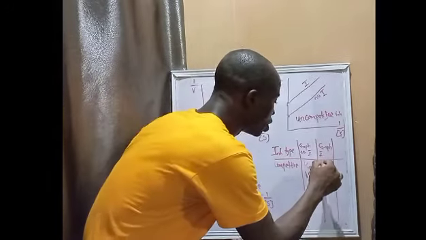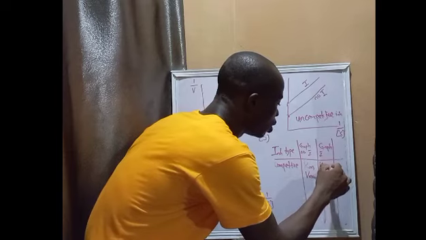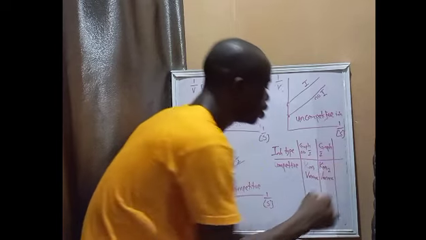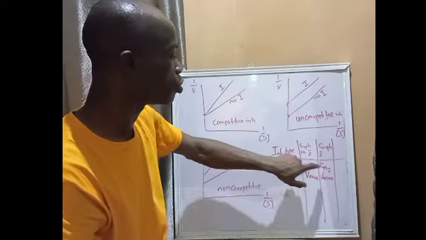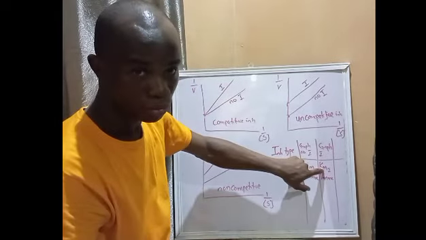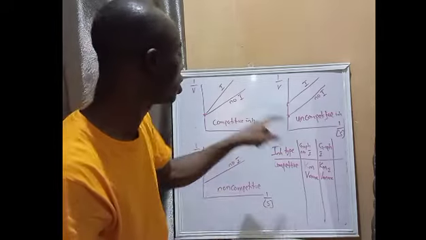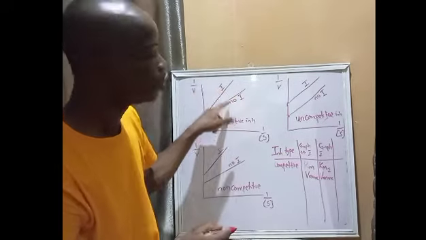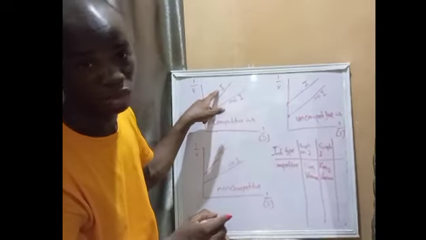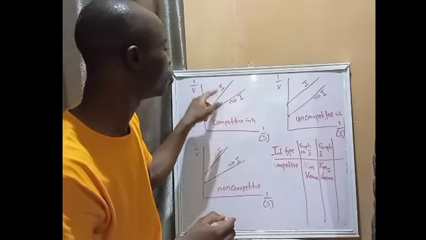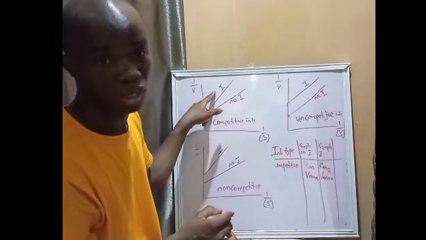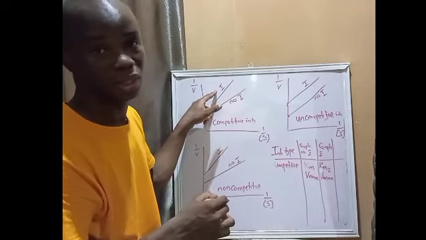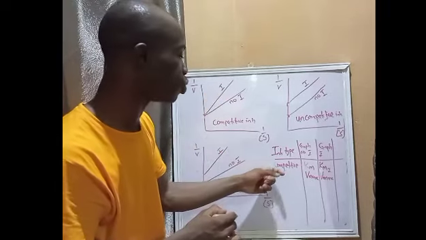So let me put Km high. You are going to have Km high, and you're going to have Km. So the Km that you will get for this line will be different from the Km you are going to get for this line because of the difference in slope. But the Vmax you get for this will also be the Vmax value under this particular second line. And that's for a competitive inhibition.